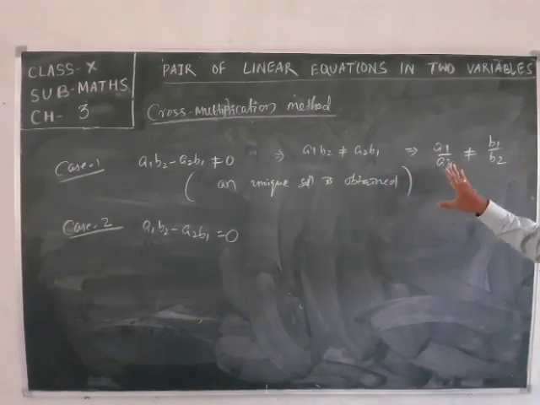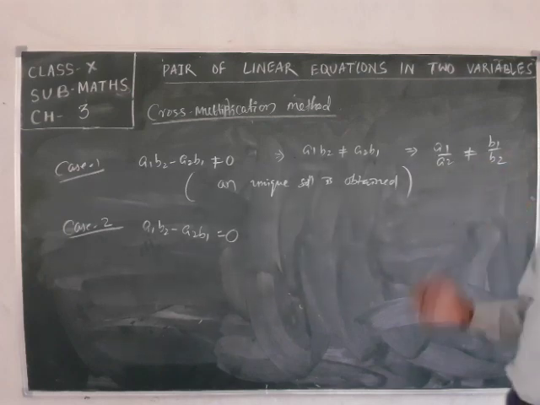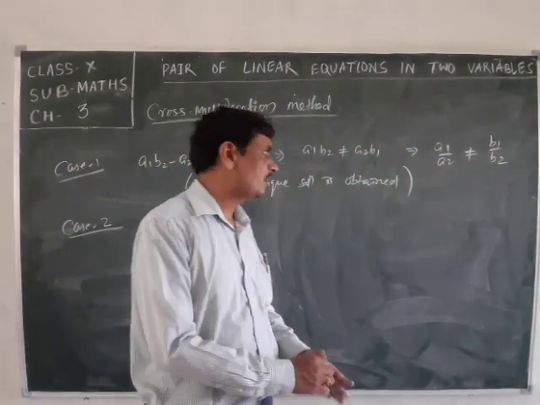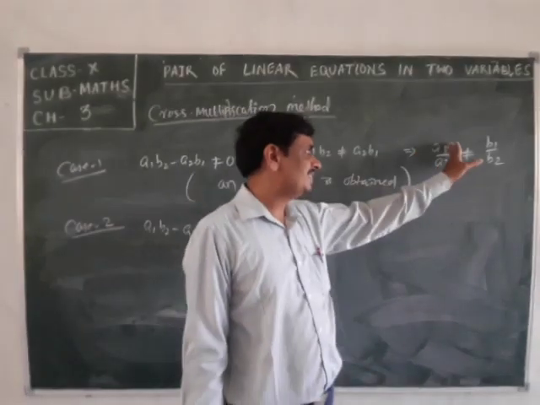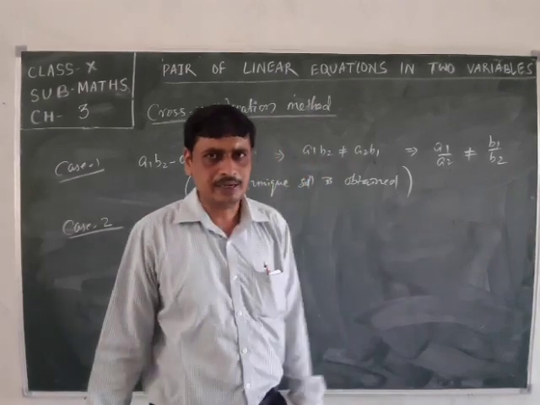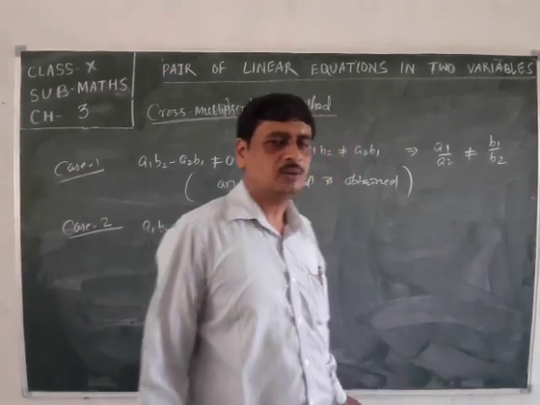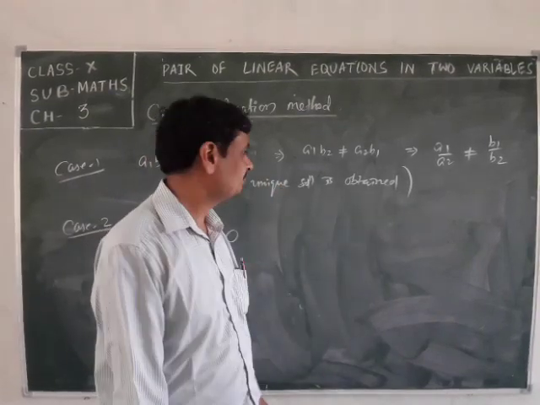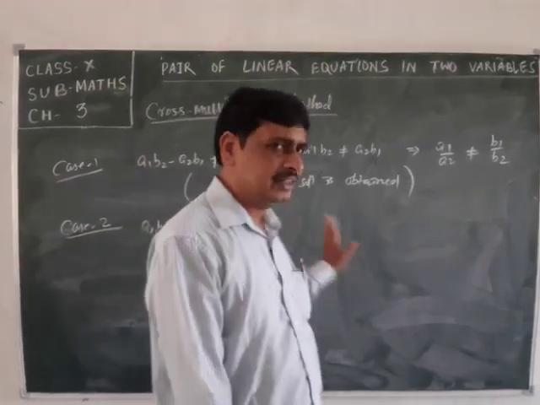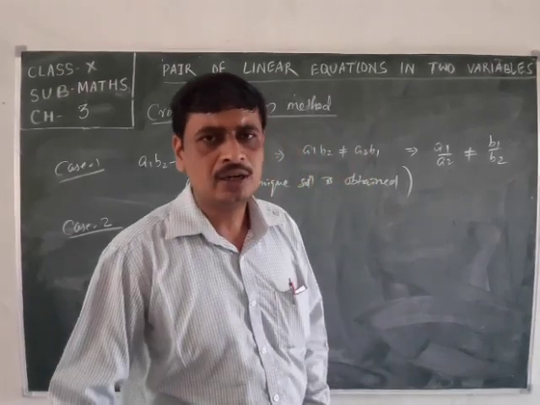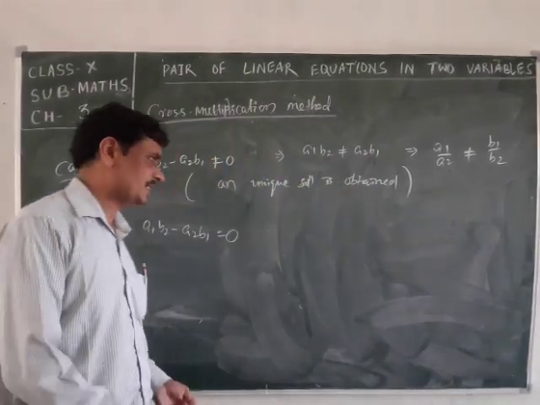This implies a1/a2 will not equal b1/b2. If in any equation we observe that the ratios a1/a2 and b1/b2 are not equal, then we can conclude the equations have a unique solution. That means we get only one solution for the given equations.